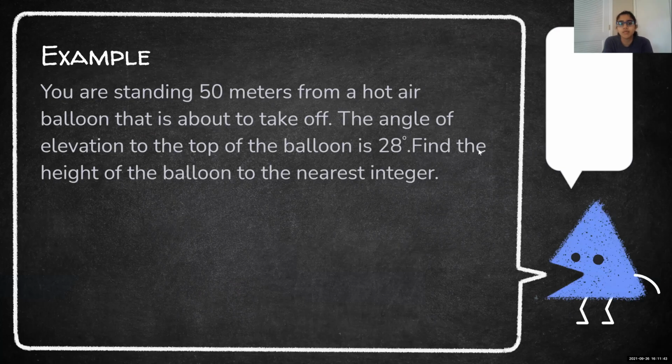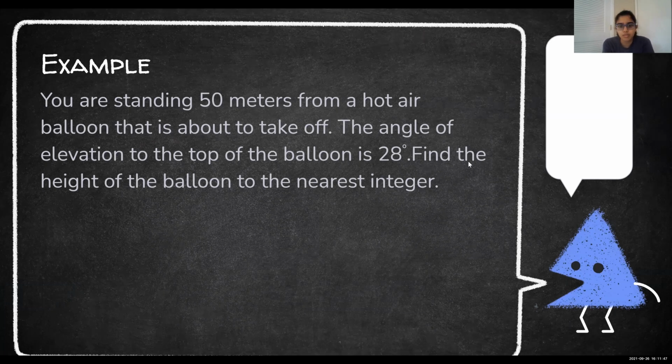Okay, so an example. You're standing 50 meters from a hot air balloon that is about to take off. The angle of elevation to the top of the balloon is 28 degrees. Find the height of the balloon to the nearest integer. So this is an example, so I'm going to do it. Here's 50, and here's you.